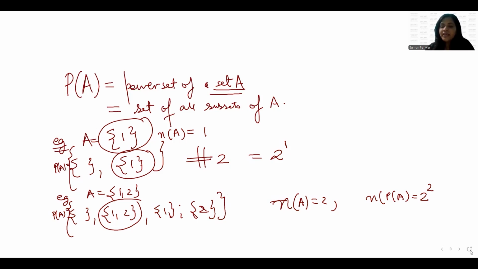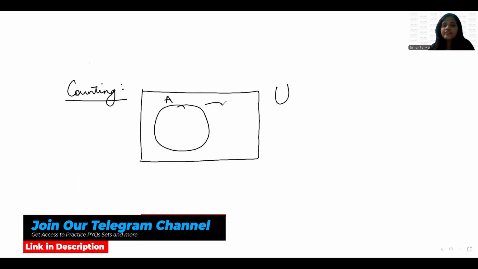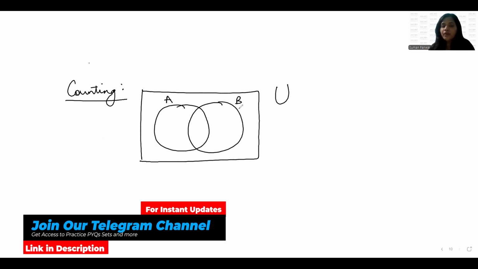So the next thing that we should be doing is counting. So what do you mean by counting? So for example, this is your universal set and this is your set A and this is your set B. Okay.